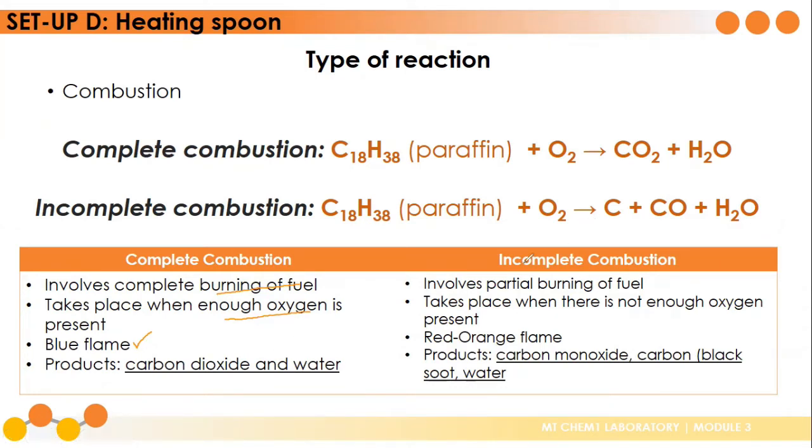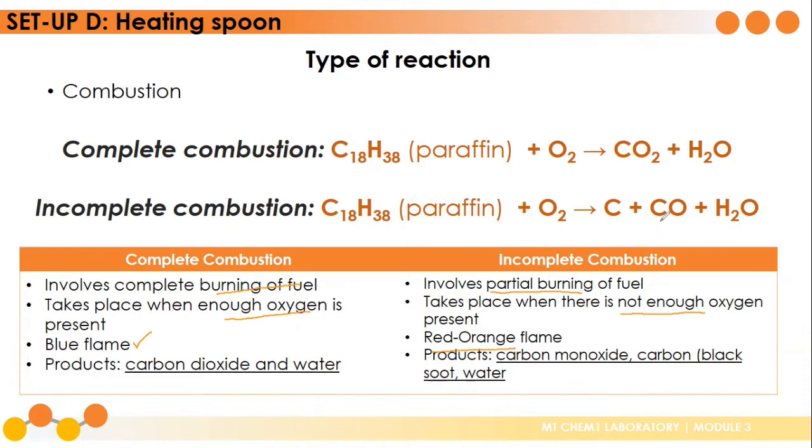Incomplete combustion, on the other hand, involves partial burning of the fuel. This partial burning is because there is not enough oxygen present in your environment. The flame that it produces is red orange. This is observed, for example, when you light up a candle, it produces a red orange flame.